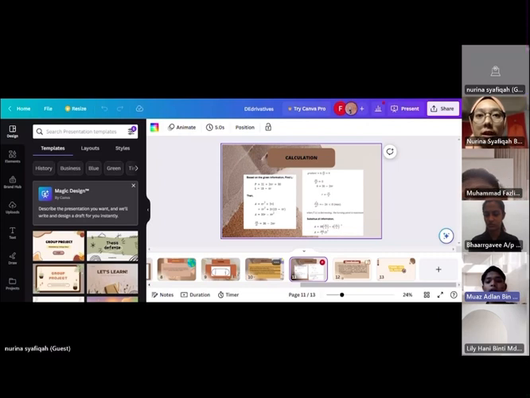Then we need to find the area of the rectangular window. So the area equals pi r square plus 2rl.